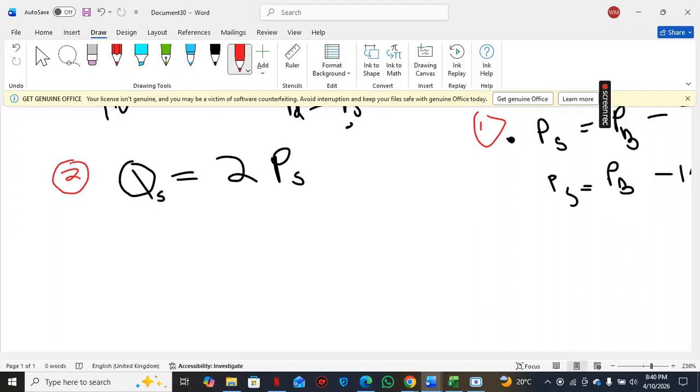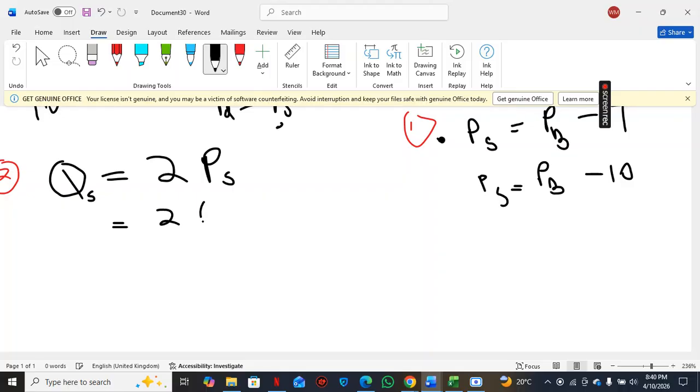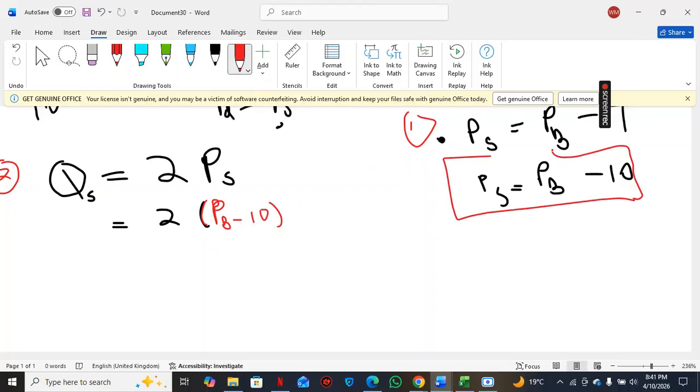Step 2, adjust your supply function. Remember, PS equals PB minus 10. So here, our supply function becomes 2, open brackets, PB minus 10. Because remember, colleagues, PS equals PB minus 10.